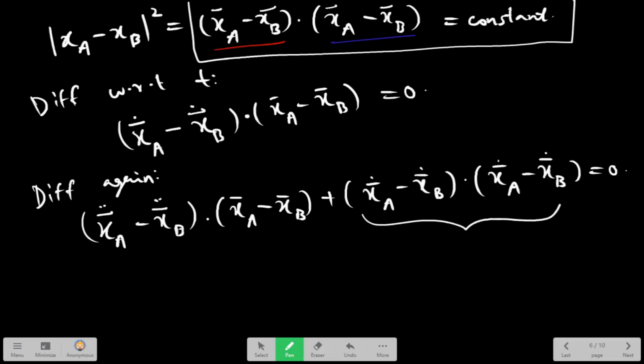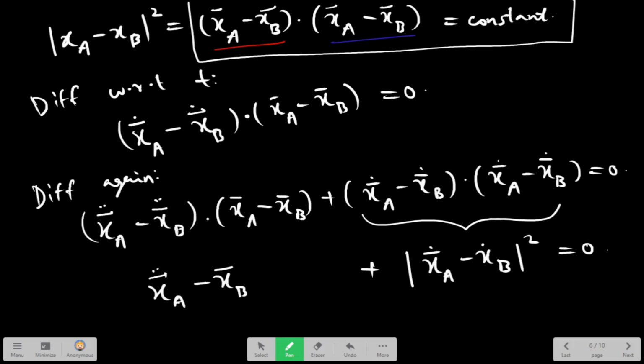Now this can be written as modulus of xa dot minus xb dot square, and remaining we have xa double dot minus xb double dot dot xa minus xb.